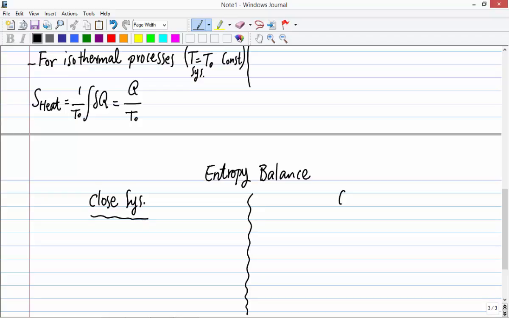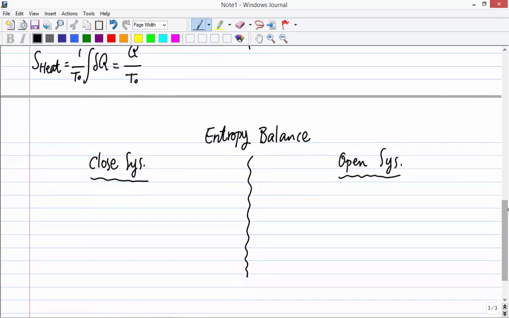I hope you remember that for open systems we have little dots on top of all the parameters, which indicates that all these parameters are per time, right? So in a closed system, such as the example that we have here, it's just a rigid tank. It's closed. All the boundaries are real in this example that I'm going to solve.